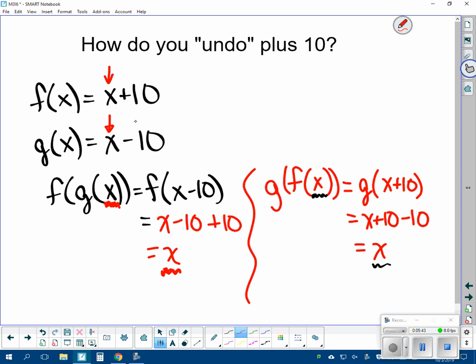So in both composition of functions, both orders, the input and the output are the same. Whatever one function did to x, the other function undid it. Does that make sense? Think about that sentence. Whatever one function did, the other function undid that operation, or those operations. These are called what? Inverse functions. Inverse functions, excellent.